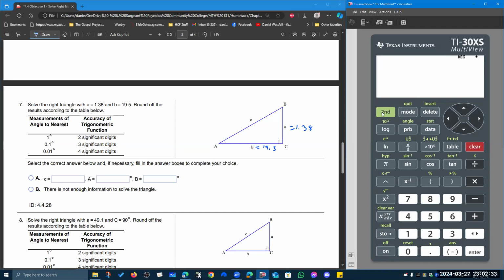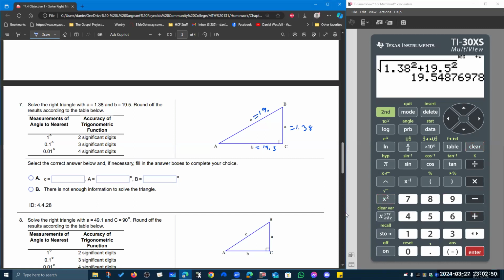The square root of A squared plus B squared is 19.5 as well.